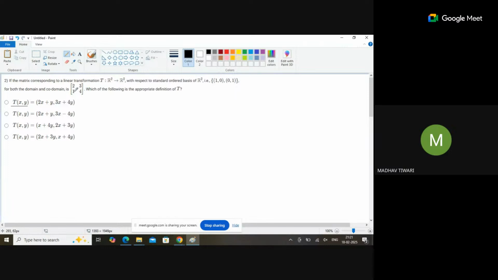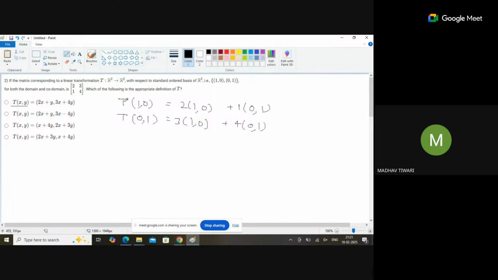As I know from this matrix, if I transform 1 comma 0, I get 2 times 1 comma 0 plus 1 times 0 comma 1, since we use the same basis for codomain and domain. And the transformation of 0 comma 1 will be 3 times 1 comma 0 plus 4 times 0 comma 1.